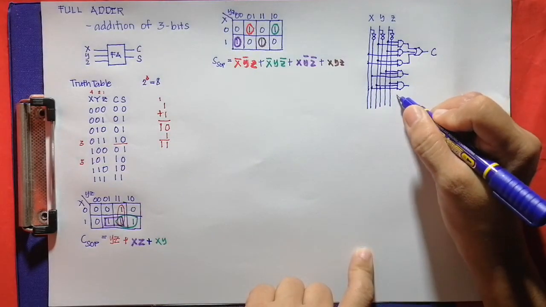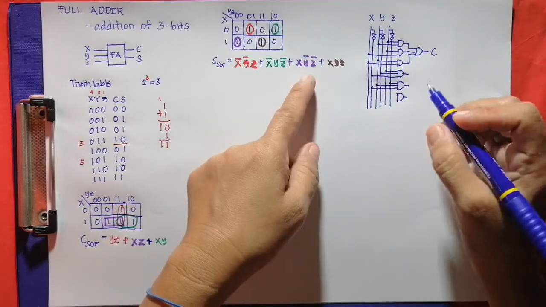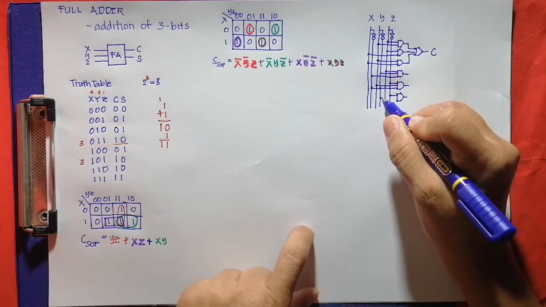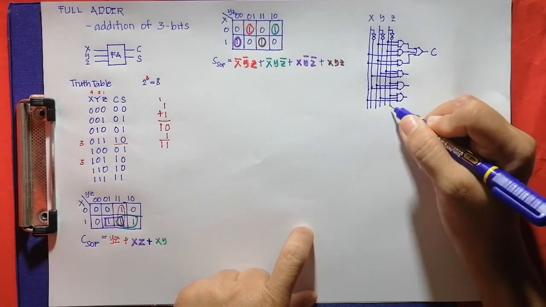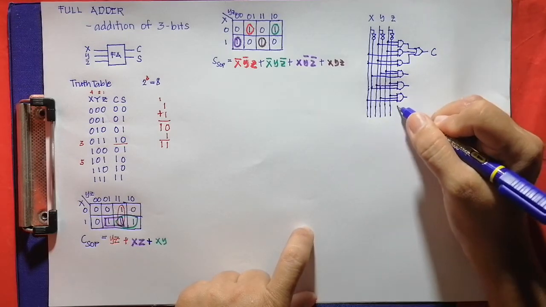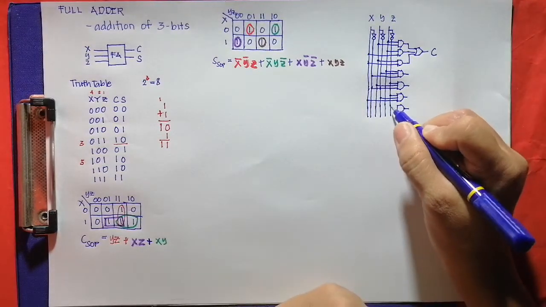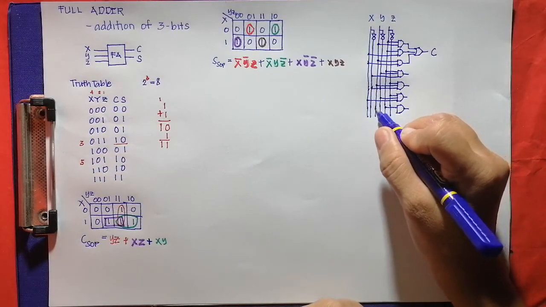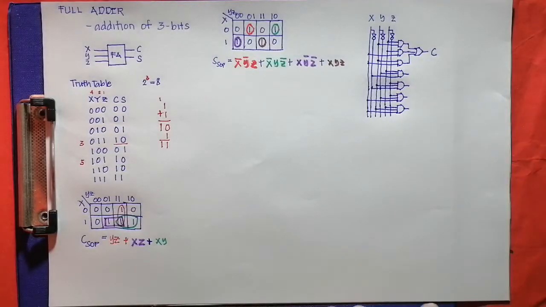Okay. Then next, another AND gate. X, not Y, not Z. So we have here not Z, not Y, and X. Then we have another AND gate. We have X, Y, Z. So this is your Z. You have the Y, and you have the X. Okay.